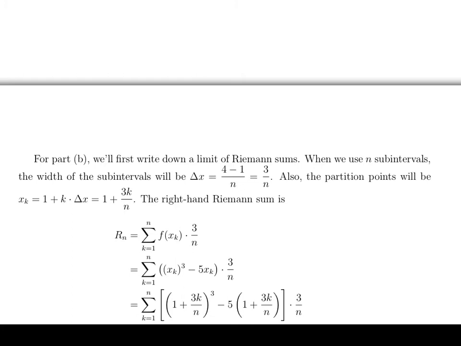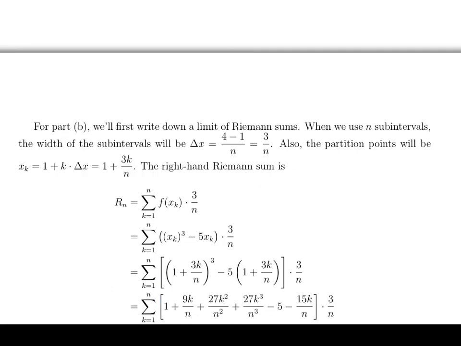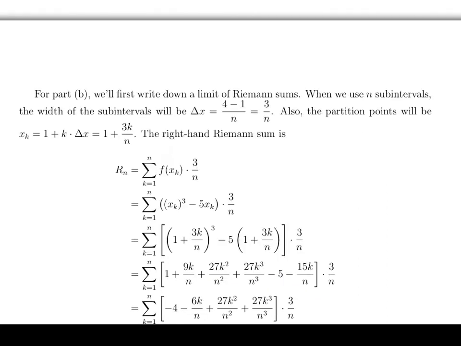Now we're going to do a little bit of algebra. What we really want to do is work out what happens when we cube this. If we cube that, we get an expression that looks like this. Notice I've also distributed this minus 5 into here. And then there are some like terms that can be combined. You should see the 1 and the 5 got combined into a minus 4.